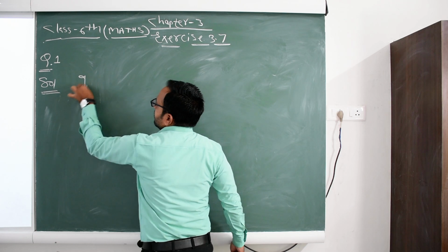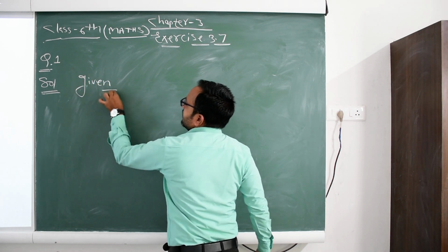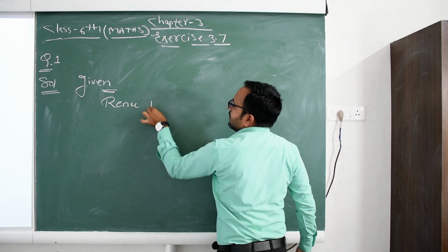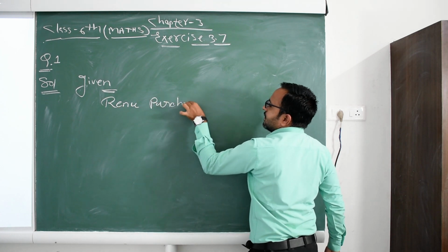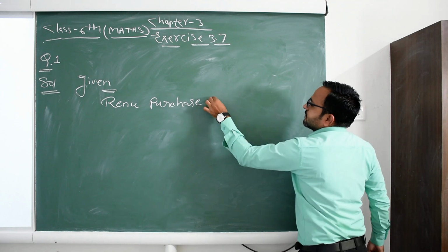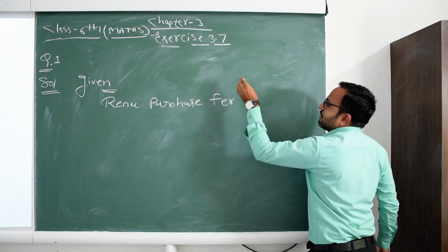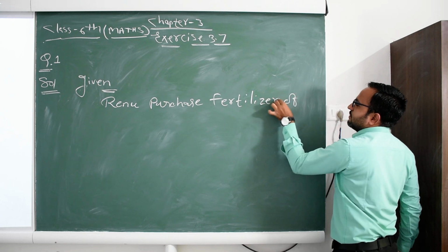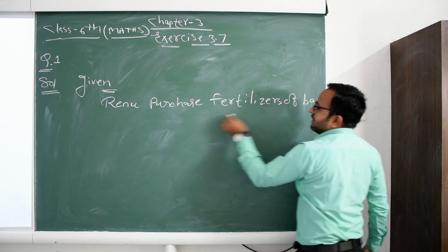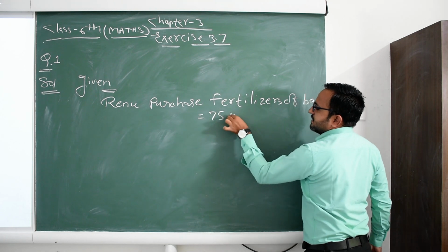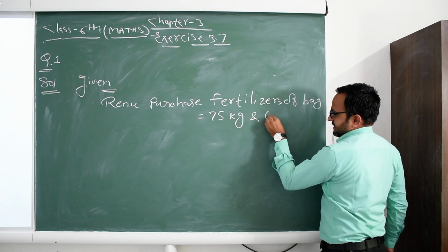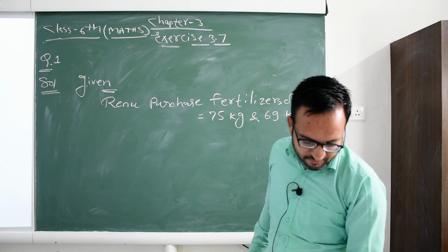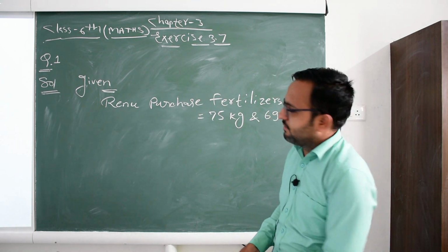So first we write given: Renu purchased fertilizer bags of 75 kg and 69 kg. Now what do we find? Find the maximum value of weight.